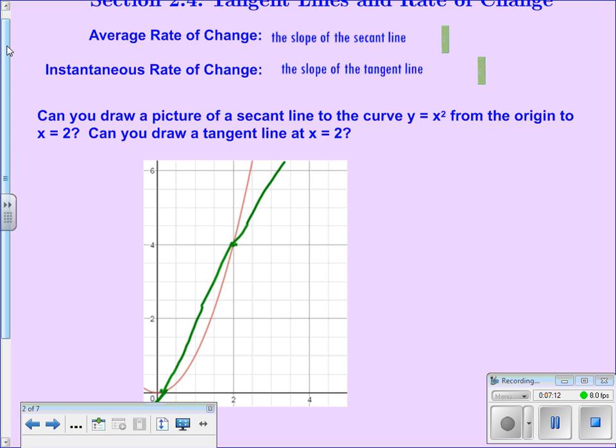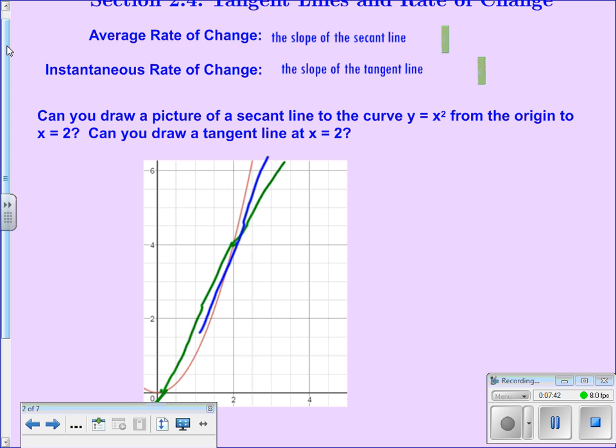The tangent line, on the other hand, is the slope at that point. It's the slope that's going on right there at that point. Remember, if we zoom in close enough on a curve, what do you see? A flat line. So if I have a curve and I have a tangent line, if I zoom in close enough, they are the same thing.